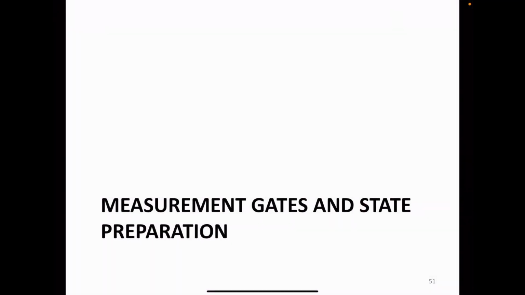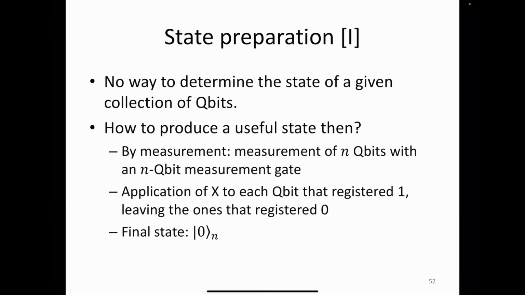Now, let us briefly talk about measurement gates and state preparation. We heard a couple of times already that we have to start our computation in a well-defined state. So our input register has to be in a state that we understand well in order to execute a reasonable computation. But there is no way to determine the state of a given collection of qubits. So how do we do that?